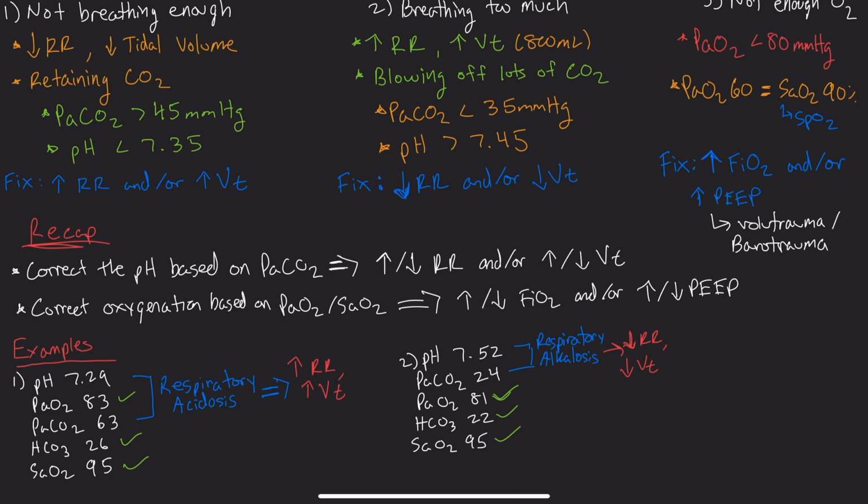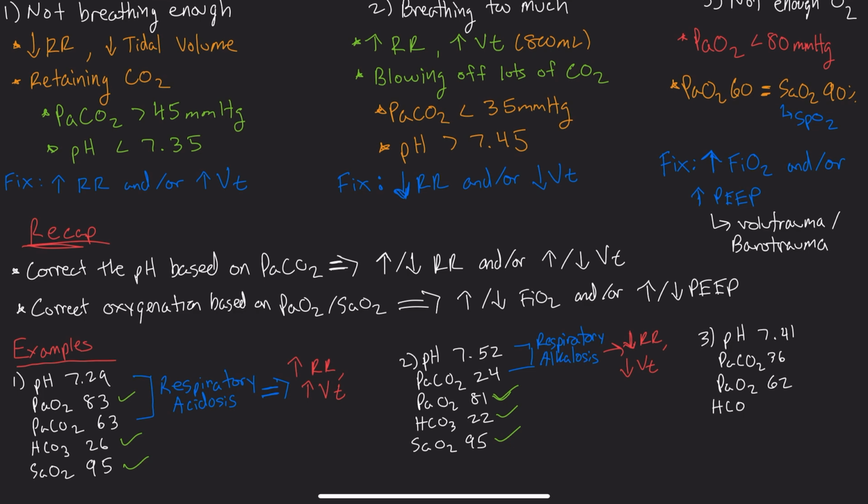And then third, last example, we'll see if we can squeeze in here. Let's say we have a pH of 7.41. We have a PaCO2 of 36. We have a PaO2 of 62.